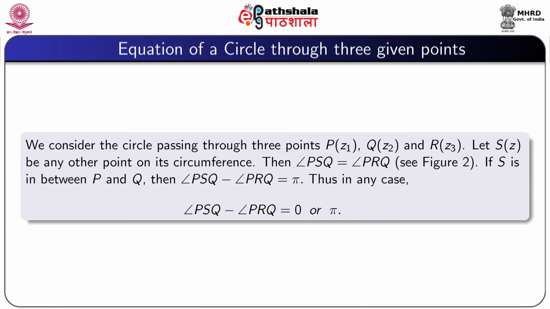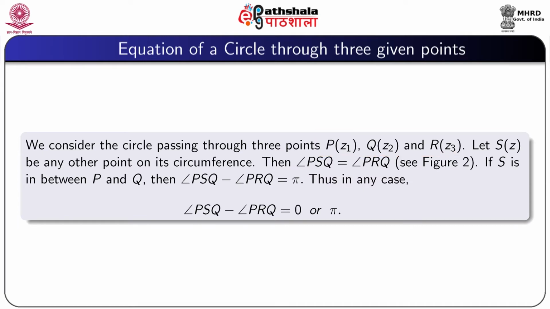Now, we will find out an equation of a circle through 3 given points. We suppose that the circle passes through 3 points P, Q and R having respective coordinates z1, z2 and z3.